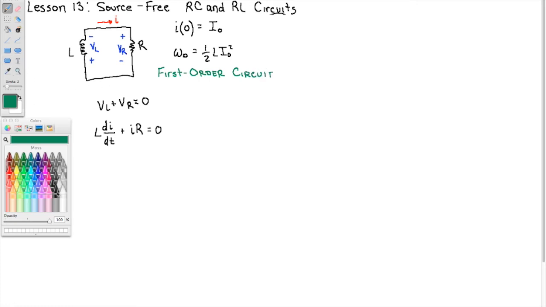So we need to solve that differential equation. We need to solve it for I. So again, we can use the method of separation of variables.